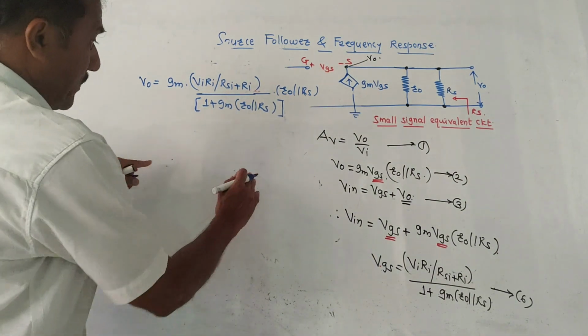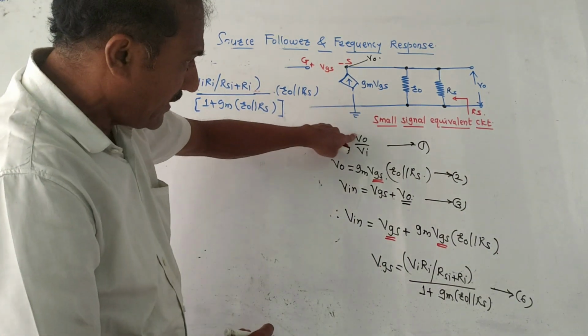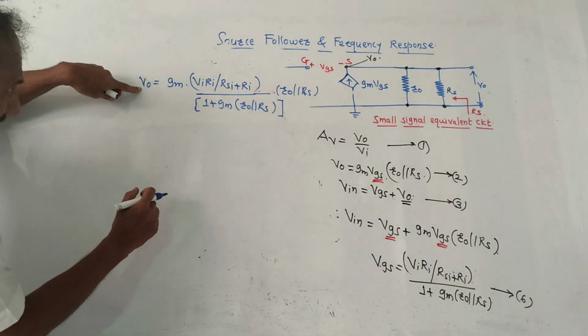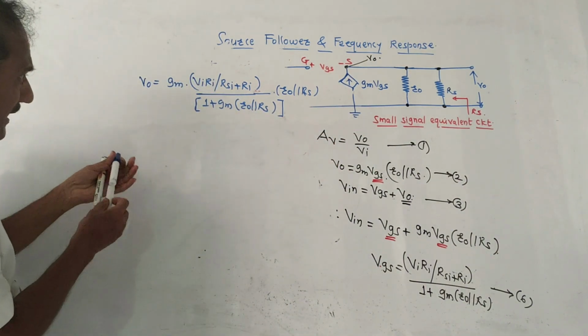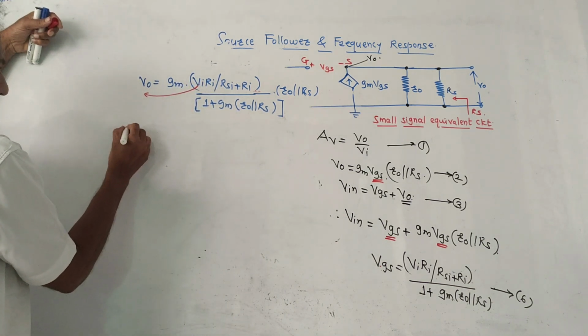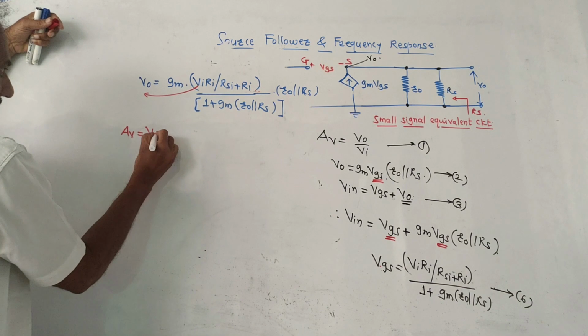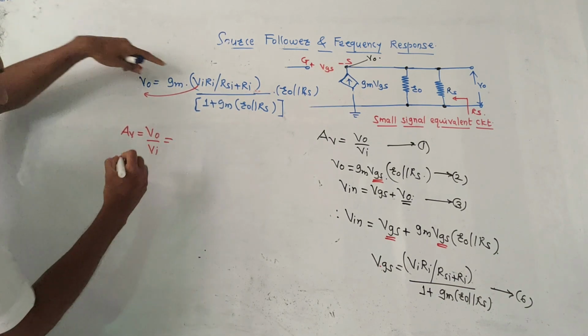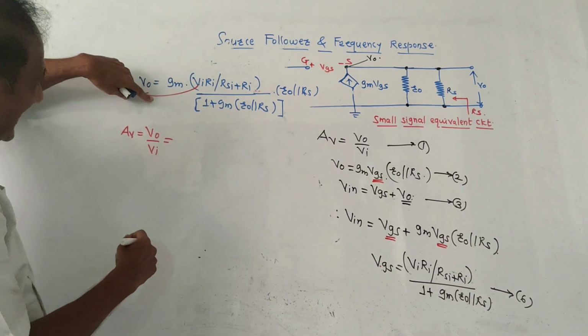Now last part, we want the equation of AV. AV is V0 upon VI. This is the V0 term. If we transfer only VI term to the RHS, then we will get AV, which is same as V0 upon VI. What I am doing, I am just transferring VI to the RHS.